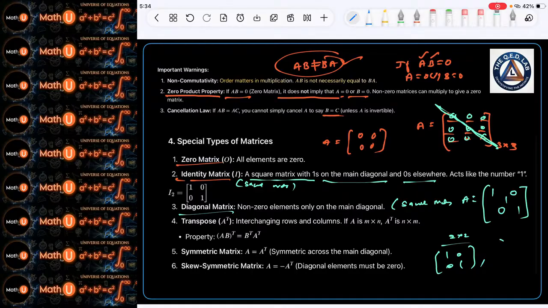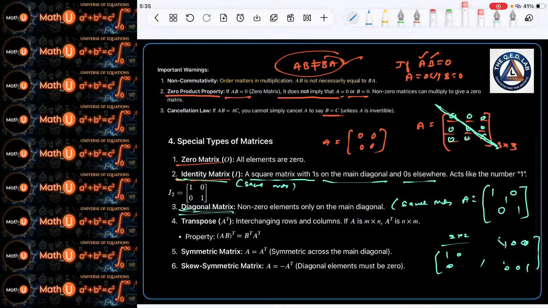For 3 by 3, 1 0 0, 0 1 0, 0 0 1. These are the diagonal elements, the remaining should be zeros and all the diagonals should be equal to 1. And a diagonal matrix means except diagonal elements, remaining positions should be zeros.